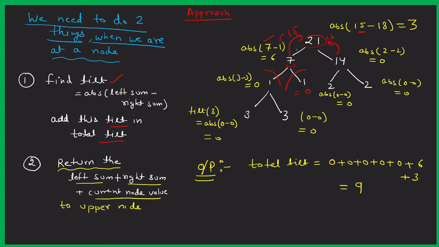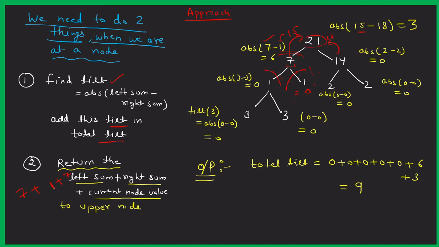Another thing that we are doing is that the upper node of 7, that is 21, will need the total sum, this sum and this sum. So let's say we are at 7. We have to return the total sum, that is the left sum of 7, which is 3 plus 3 plus 1, 7, plus the right sum of this 7, which is 1, plus it has to add this 7 also, that is the current node value.